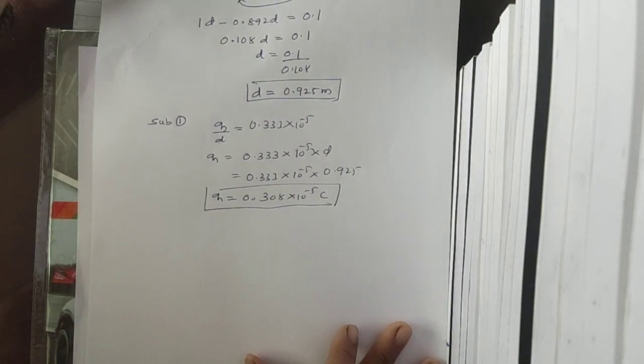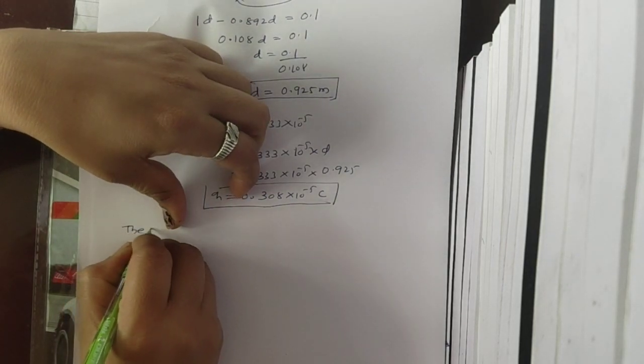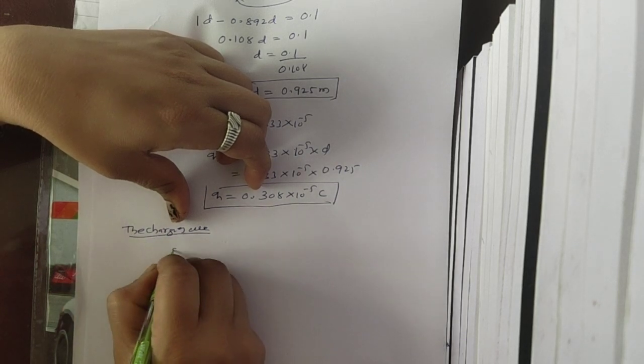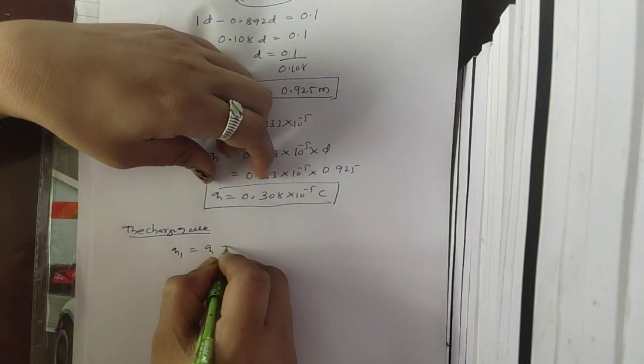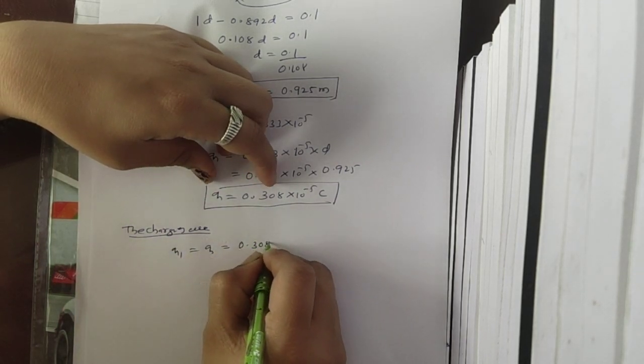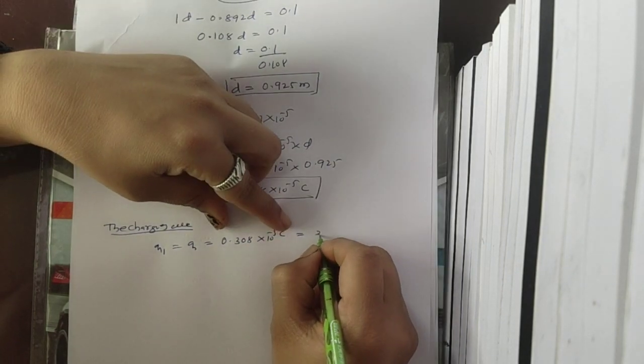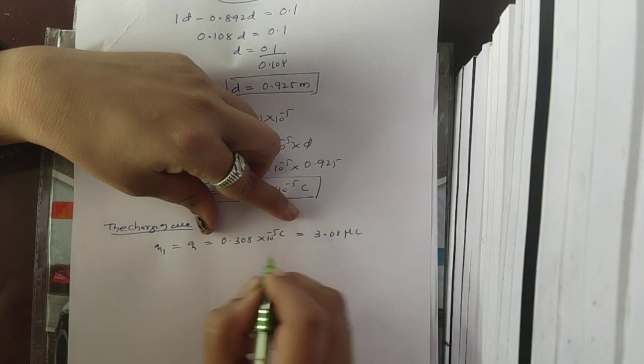Therefore the charges are: Q1 equals Q, that is 0.308 into 10 to the power minus 5 coulomb, which we can take as 3.08 microcoulomb.